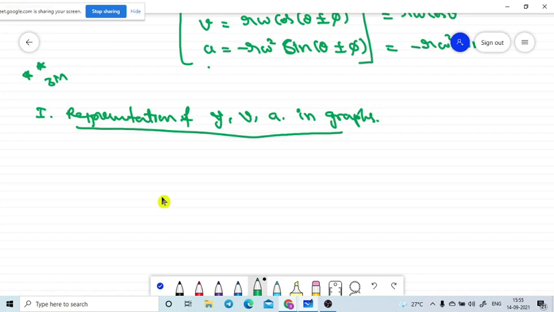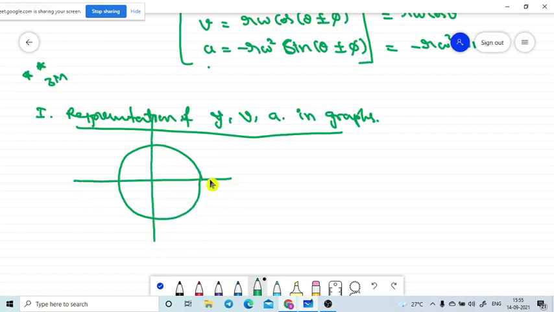Let me start. Before starting, consider the reference circle for simple harmonic motion. Let me take the particle moving in anti-clockwise direction with constant angular velocity omega. The radius of the reference circle, let me take R, and let T be the time period of the particle executing this motion. What does time period mean?